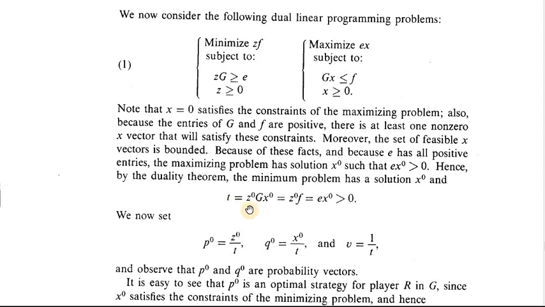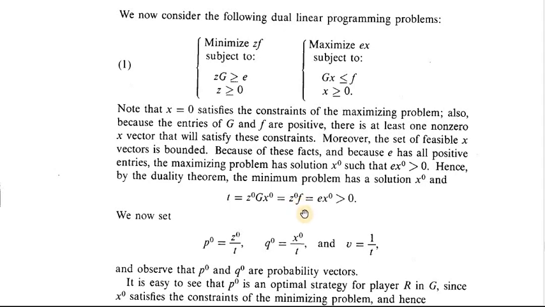If I take T equals Z0F and divide both sides by T, I get 1 equals Z0 over T times F. Now Z0 over T times F is simply the sum of the entries of Z0 over T. The sum of the entries of Z0 over T is 1, and that's exactly what it means for Z0 over T to be a probability vector.